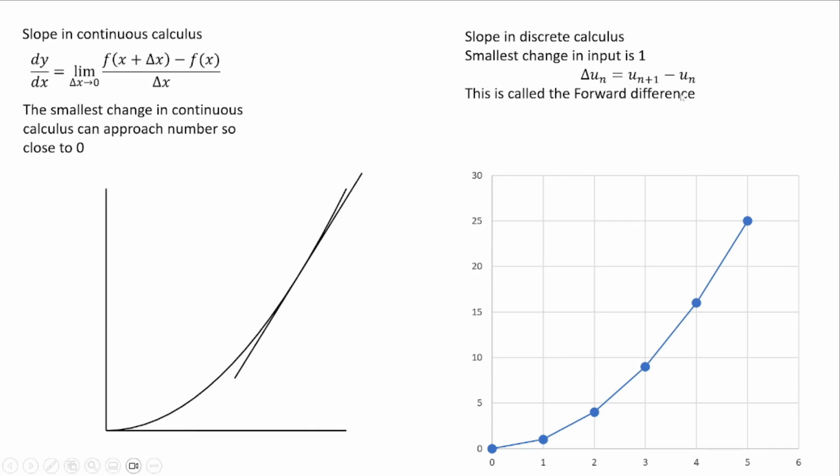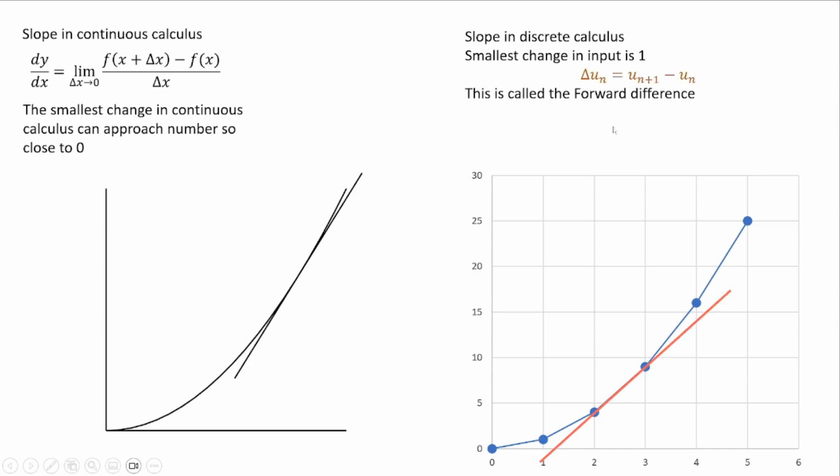The difference could be forward difference or backward difference. What is forward difference? Forward difference is taking the next output minus the output that you are at present. So we take the derivative here by taking the next output minus the output in the current place.